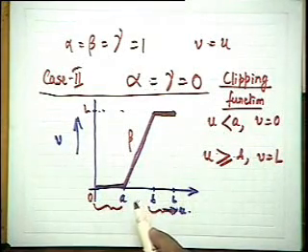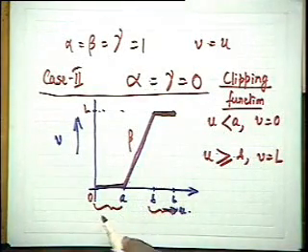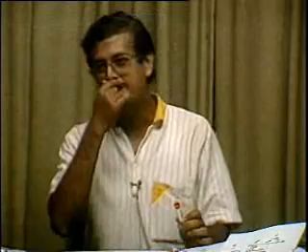You know how clipping takes place in amplifiers: when we have a transfer function where there are saturating limits, you get a clipped waveform as the output of your system. Very similarly, even here there is clipping. Other than this A to B zone, the rest are getting clipped. So it is a clipping function that results.